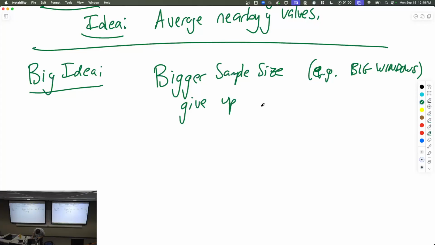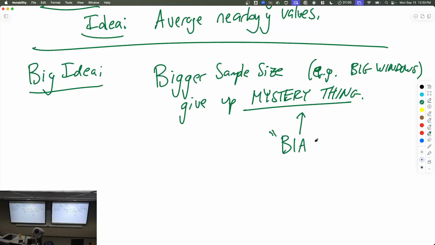Mystery thing. All right, mystery thing. And in real life, what you have to do is balance the mystery thing with the bigger sample size. So in addition to our aleatoric error and our epistemic error, we're going to have to balance out this mystery thing. And we're going to see that next class. Maybe I'll spoil it. The mystery thing is something related to bias. Okay, we're going to see that next class.